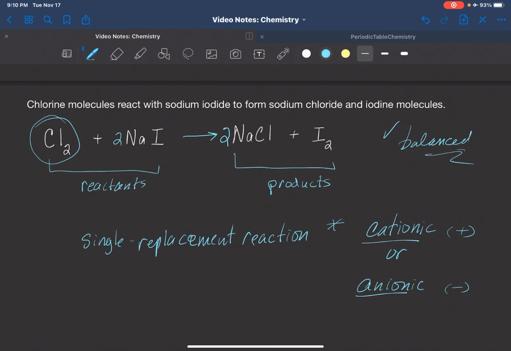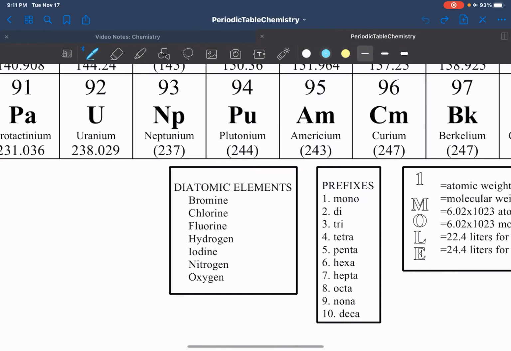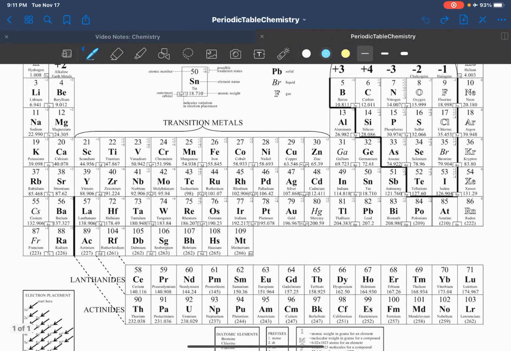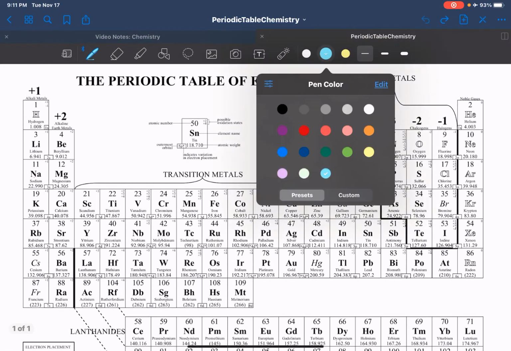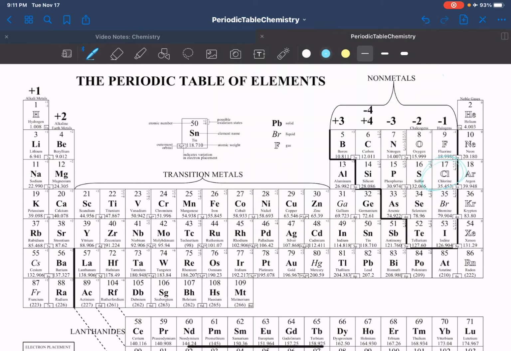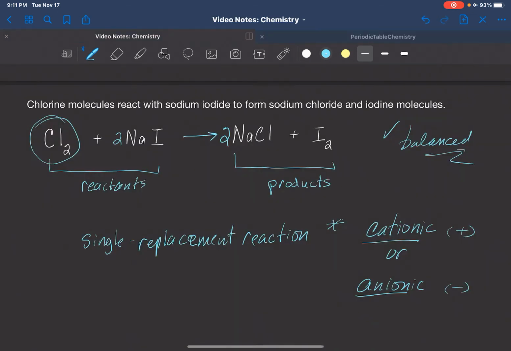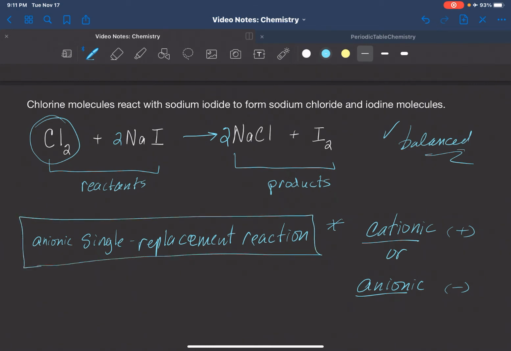And you ask yourself, would it form negative ions or would it form positive ions? So we go back to our periodic table and we come over to where chlorine is, and we can clearly see that chlorine forms negative ions, the anions. And so we would call this an anionic single replacement reaction, okay? That's the answer for classifying this particular reaction here.